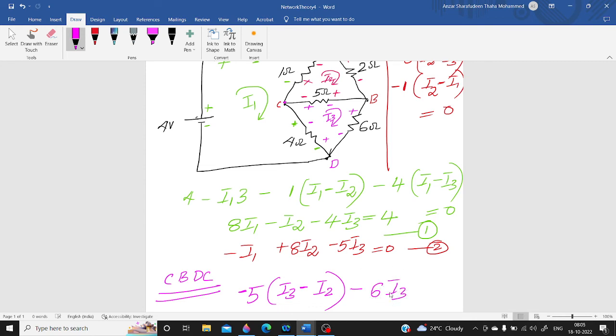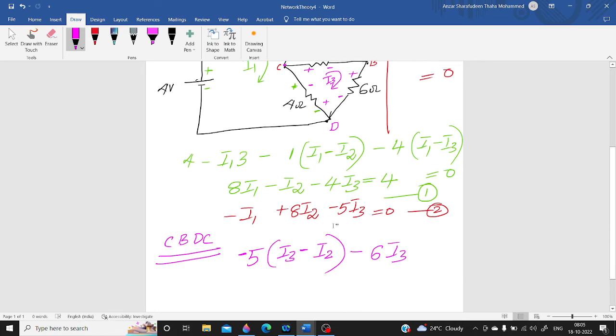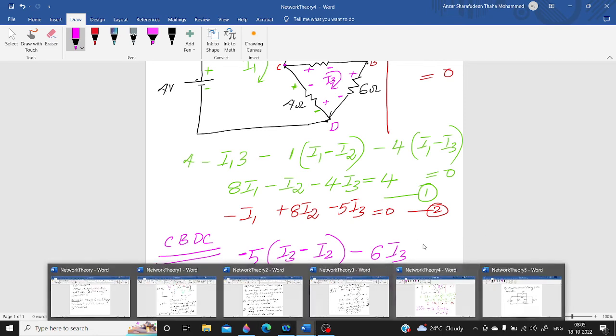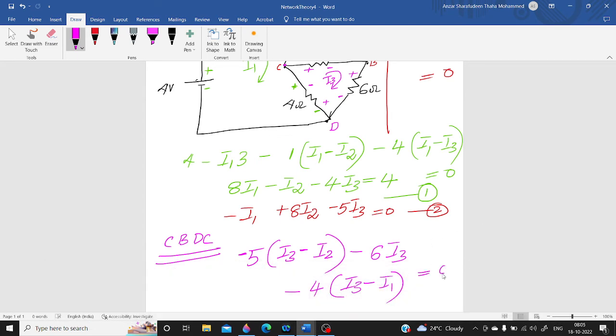Okay. And now coming to DC, we are moving along the direction of I3. So there is a decrease in potential. So it is minus 4, the resistor value, into the considering current minus the opposite current. The opposite current is I1. And this is equal to 0.